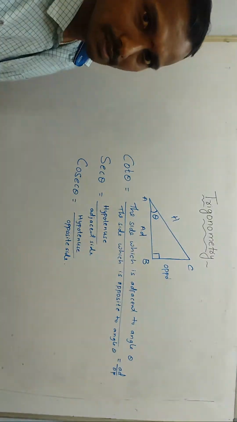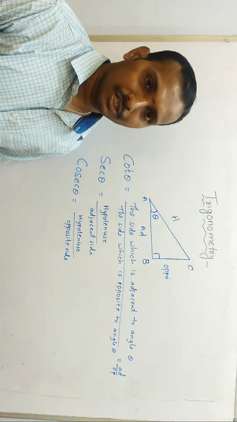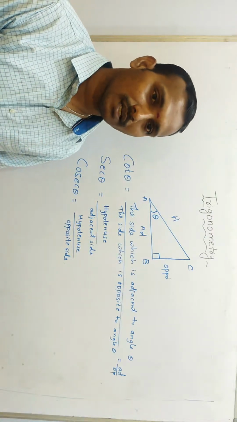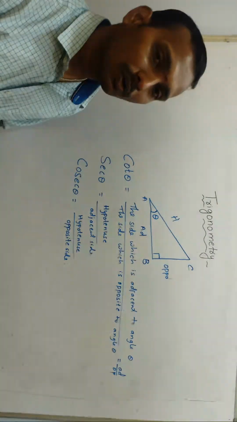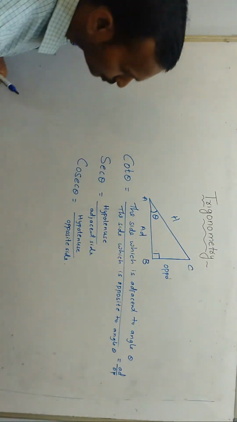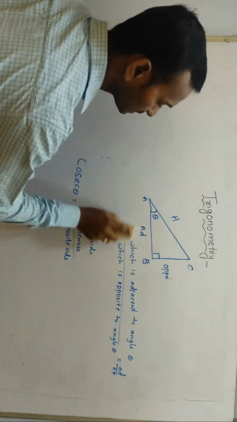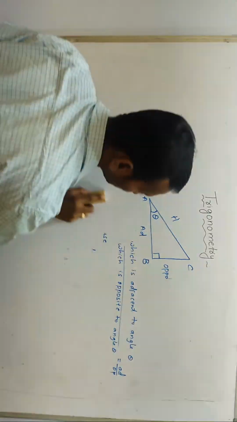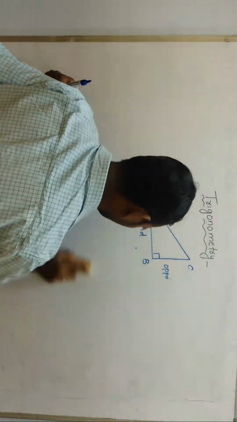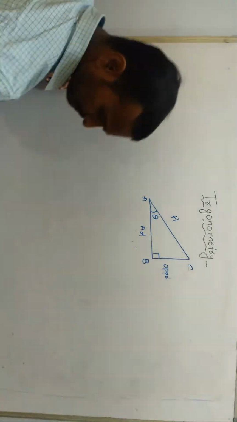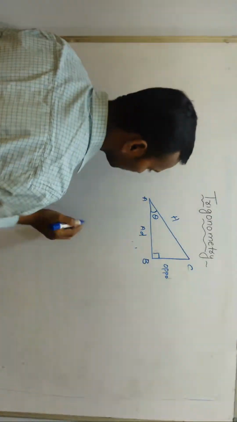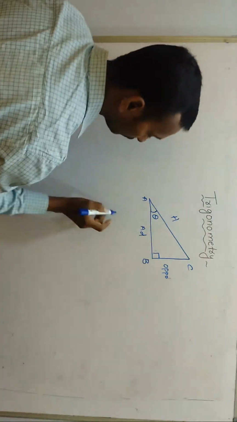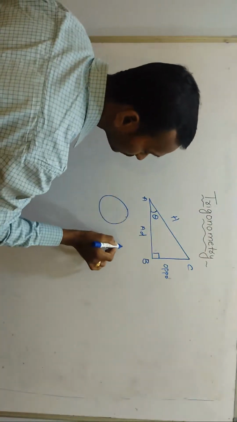So these are the 6 trigonometric ratios: sin theta, cos theta, tan theta, cot theta, secant theta, cosecant theta. So how to remember these 6 trigonometric ratios? For that, I will give you one tip. If you remember OAO, HHA, we can write the 6 trigonometric ratios.